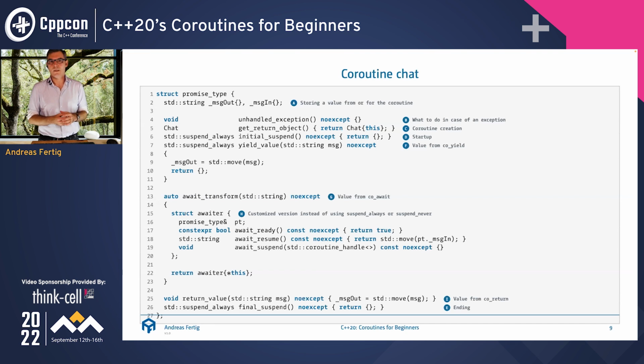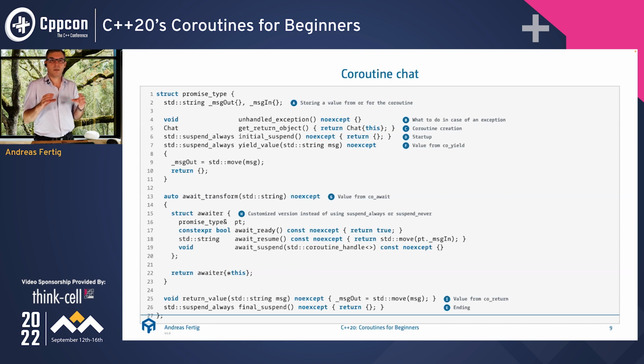We will see that. And then in line number 13, I have the await transform. This is when my coroutine awaits some value from the outside. And here it's once again in line number 13, you see the signature. It takes a std::string here, but doesn't do something with it because in my co_await call, I passed an empty std::string. So this is once again just for overload resolution so that the compiler knows which await transform function to pick here.